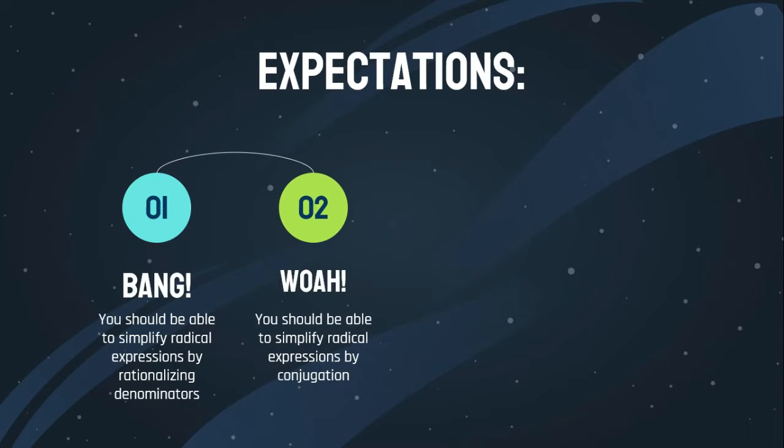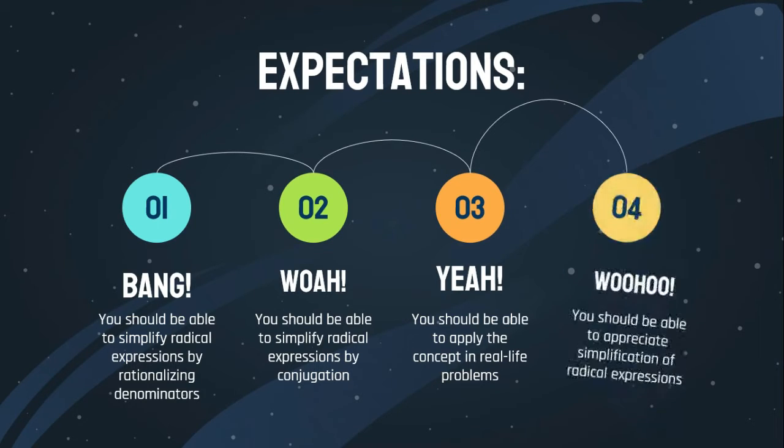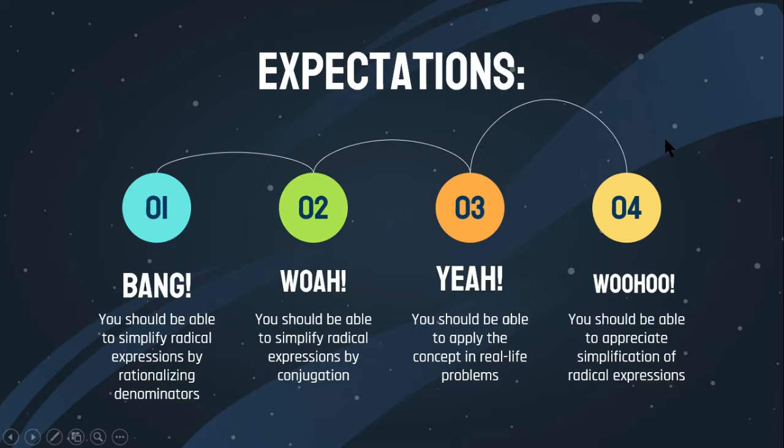You should be able to simplify radical expressions by conjugation. The third expectation, yeah, you should be able to apply the concept in real life problems. And the last expectation, woohoo! You should be able to appreciate simplification of radical expressions. Are you ready?